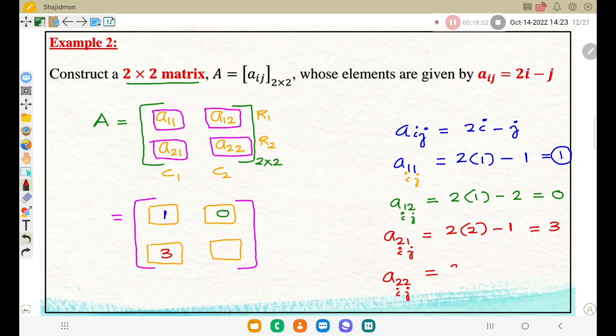So 2 multiplied by 2 minus j, also 2. 4 minus 2, we will get 2. So the answer is 2, correct? So this is the 2 by 2 matrix that we need to construct in our question. I hope you understood this question.